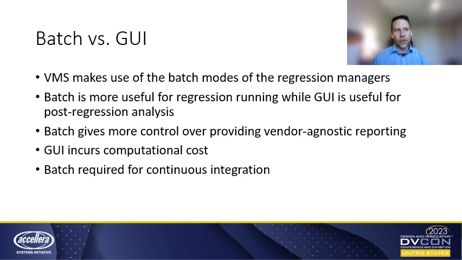We use these custom hooks, and we'll get to what we do with vManager in a second, but the custom reporting that VMS provides is streamlined and coming out to the terminal, and we don't have any of the other noise that may come with a GUI. The other side effect is the computational cost of actually launching a GUI and running it.